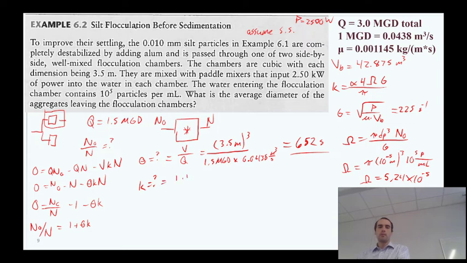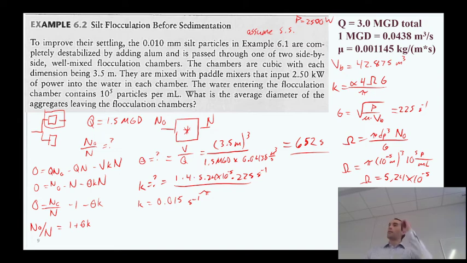That's going to be 1 times 4 times that 5.24 times 10 to the minus 5th times the mixing intensity, 225 seconds to the minus 1, all of that divided by pi. Anybody have that number for me? Should be 0.015 seconds to the minus 1.